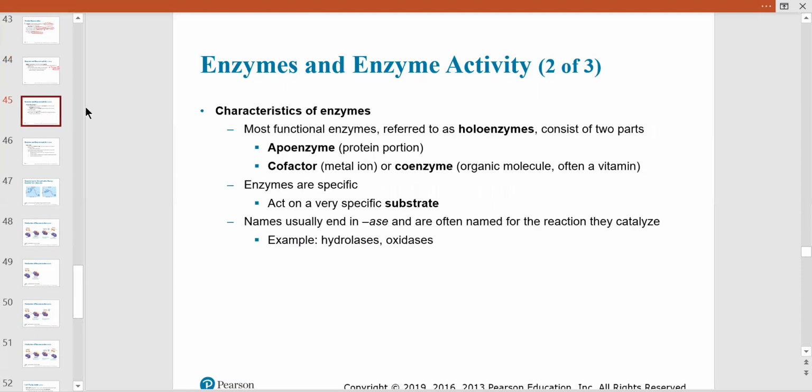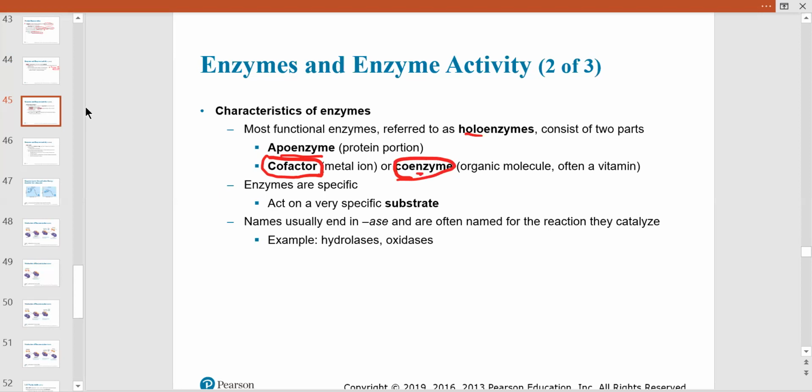Okay. And you're not going to have to know all of this, like the difference between a whole enzyme and an apoenzyme. You don't need to know that. Sometimes you need a cofactor, like iron acts as a cofactor. And a coenzyme could be a vitamin to help the enzyme. So there's a lot of research still going on about certain vitamins that are good for enzymatic function.